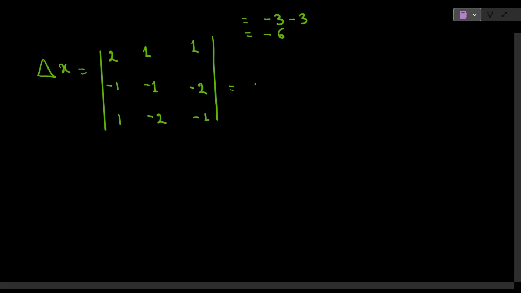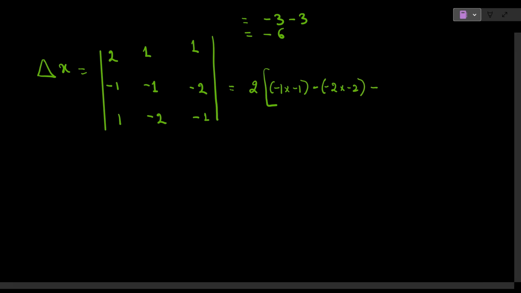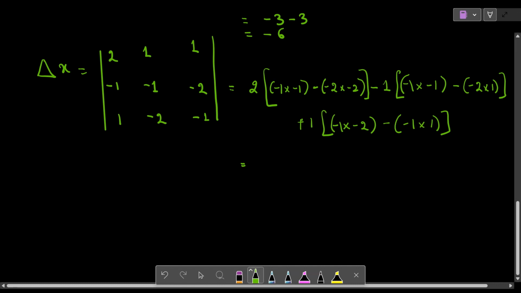So first one is 2 into minus 1 into minus 1 minus of minus 2 into minus 2. Next is negative sign, 1 into minus 1 into minus 1 minus of minus 2 into 1, and next is plus 1 into minus 1 into minus 2 minus 1 into 1. Okay, let us solve this, students. How to do this?